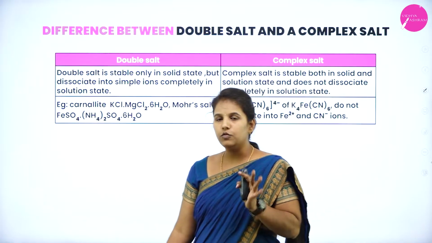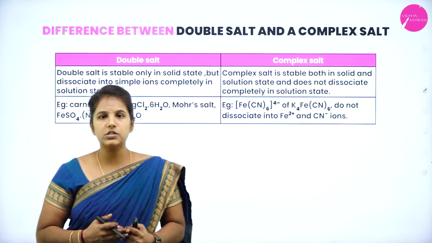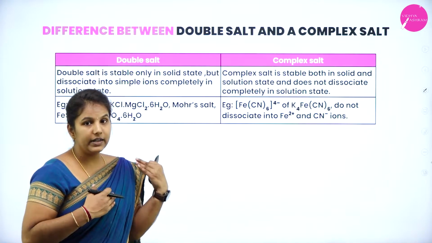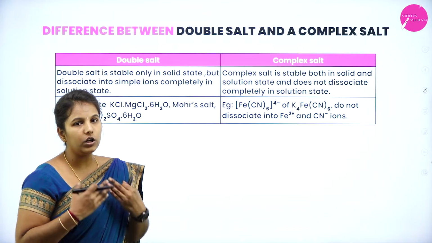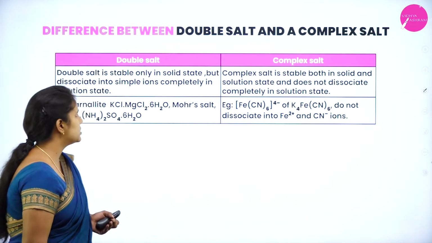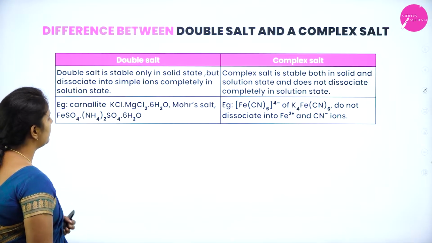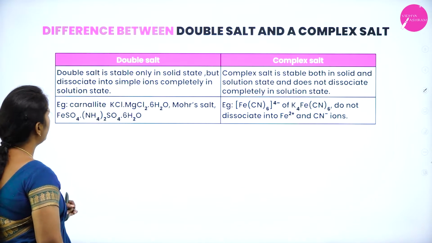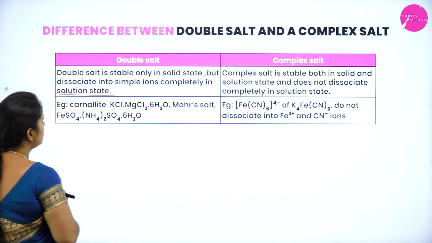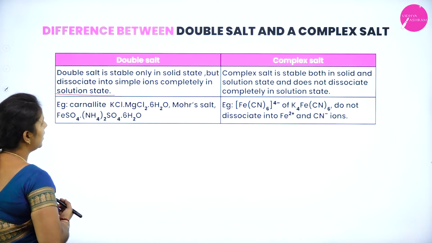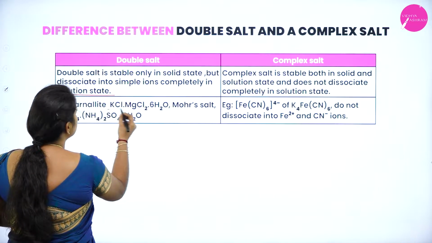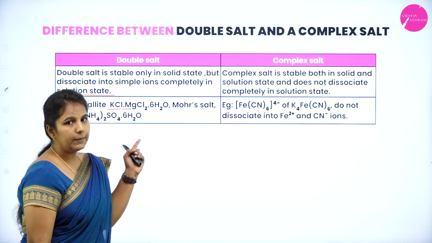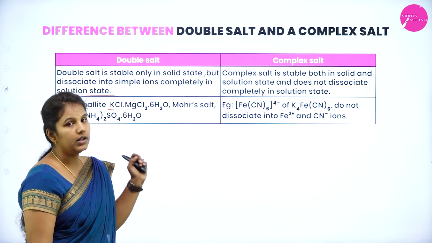Now let us see the differences between double salts and complex salts. A double salt is formed by the combination of two simple salts. Double salts are stable only in the solid state but dissociate into simple ions in solution. For example, carnallite consists of KCl, magnesium chloride and 6 water molecules, where potassium and magnesium are two different basic radicals.